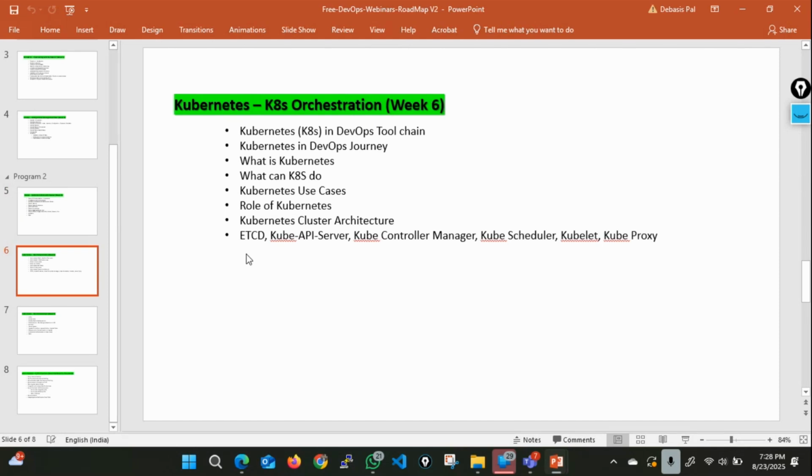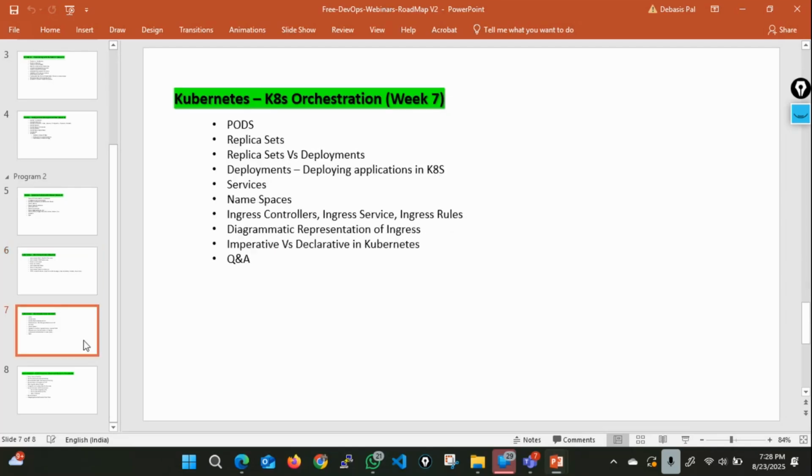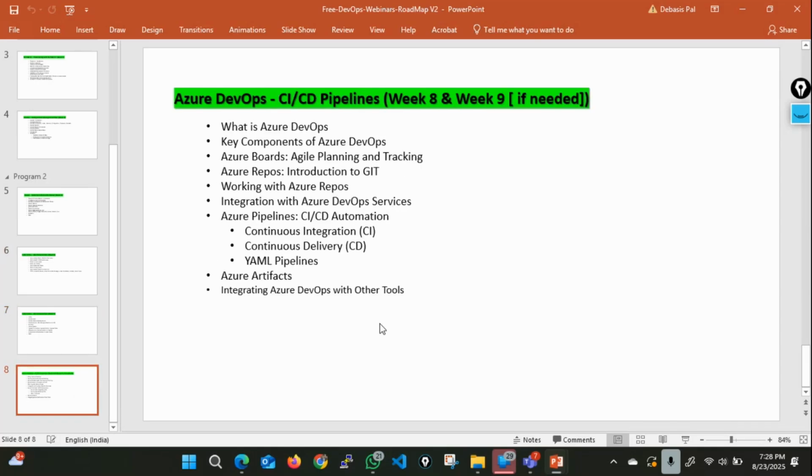I have generally devoted 2 sessions for Kubernetes, which is week 6 and week 7, and finally maybe another 2 sessions on Azure DevOps, the most famous CI/CD pipeline tool that we must know. There were other tools like Jenkins, and also a very popular tool is GitLab.